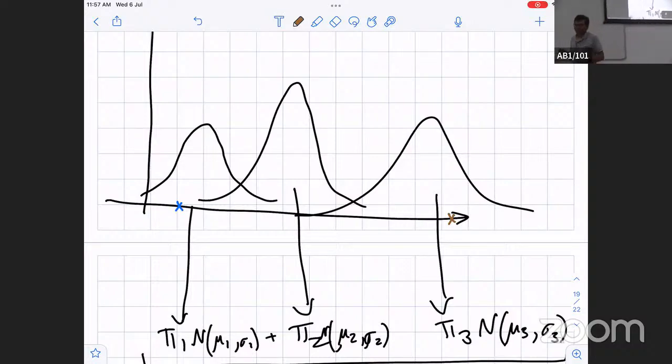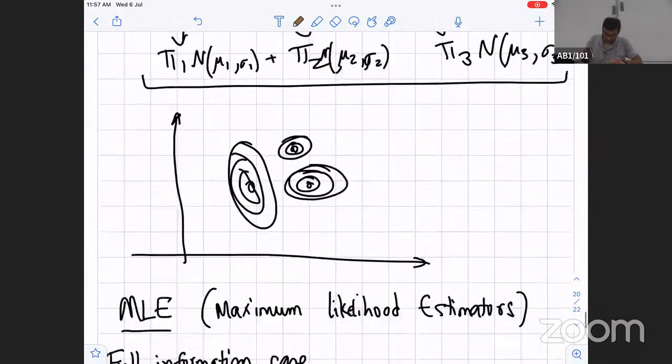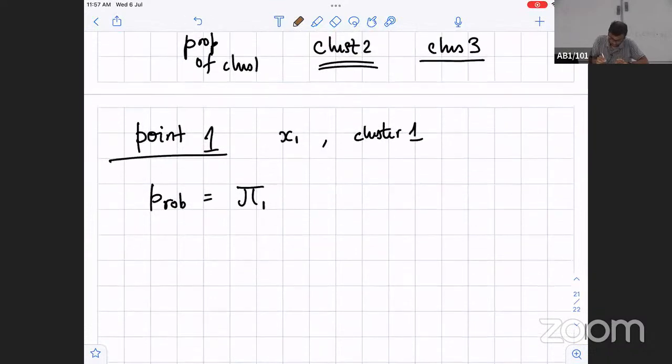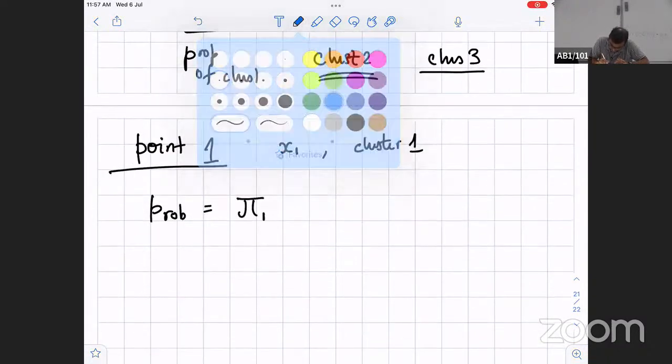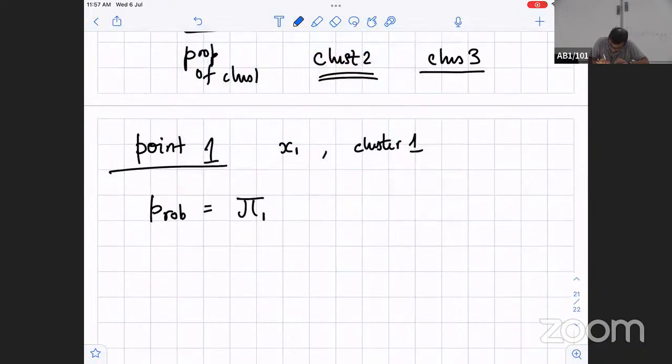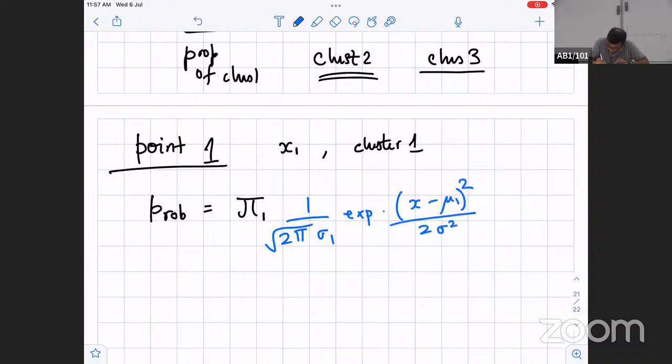So this will be pi 1 times 1 over square root of 2 pi sigma 1, e to the power negative (x minus mu1) squared by 2 sigma squared. Something like this. This is the probability.